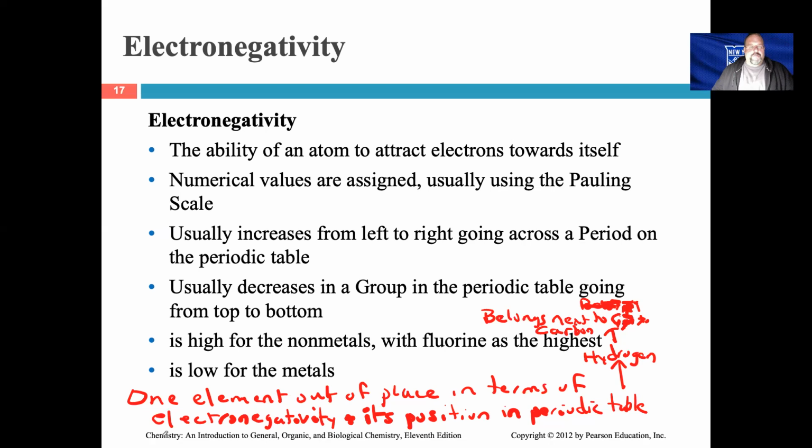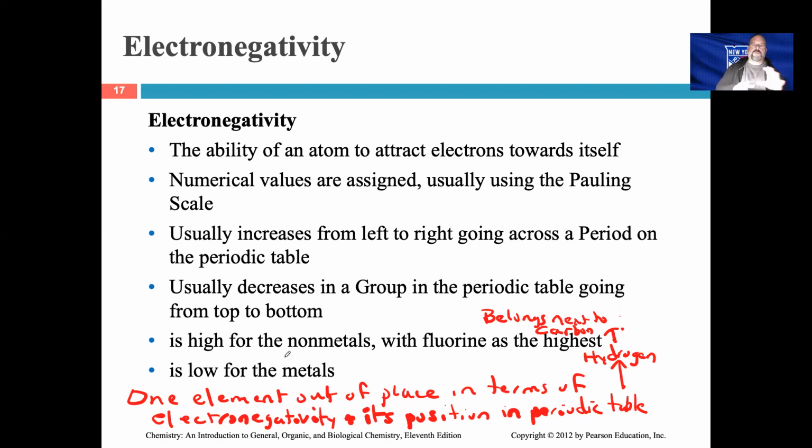It actually, in theory, should really fall right in between boron and carbon. So essentially, it belongs next to carbon. Okay. Hydrogen on the Pauling scale has an electronegativity of 2.1. Carbon on the Pauling scale has an electronegativity of 2.5.